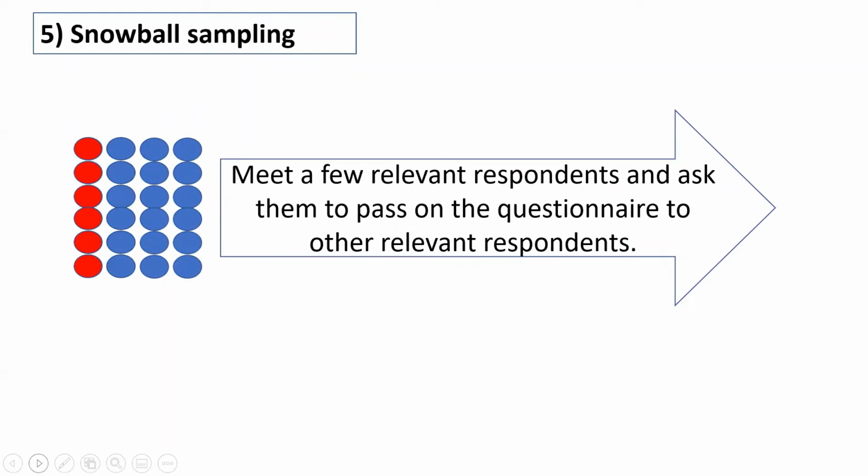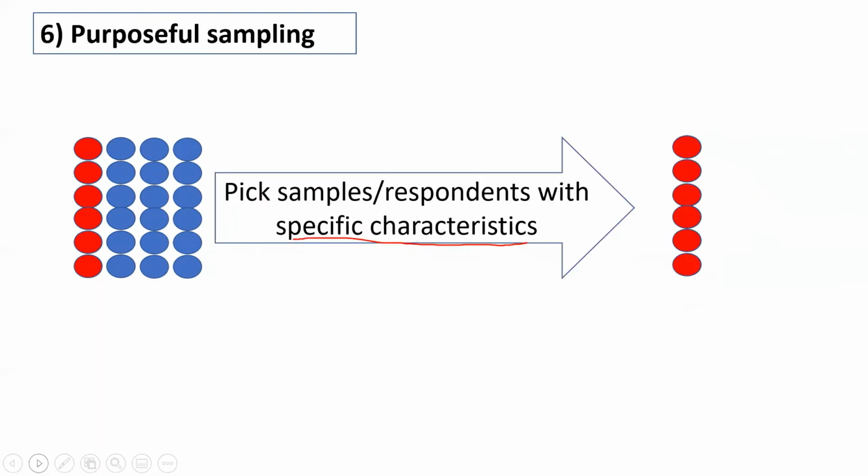Snowball is when, mostly with humans, you meet a few members of interest and ask them to identify other members of interest and pass on your questionnaires to them, or invite them to come and participate in the study. Somebody of interest will tell you that they know another person that may be of interest, then I'll call that person to come. In that way, you're doing snowball sampling.